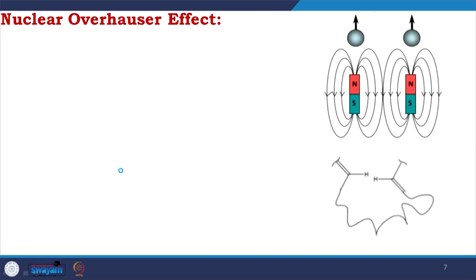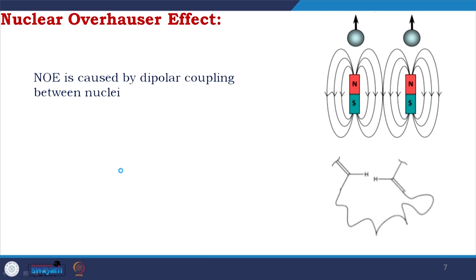So, a little detail about the nuclear Overhauser effect. NOE is caused by dipolar coupling between nuclei. So, there are nuclei like this one and this one. They are not connected through bond, but they are coming closer in space. This is very interesting because it will give you a 3D idea.